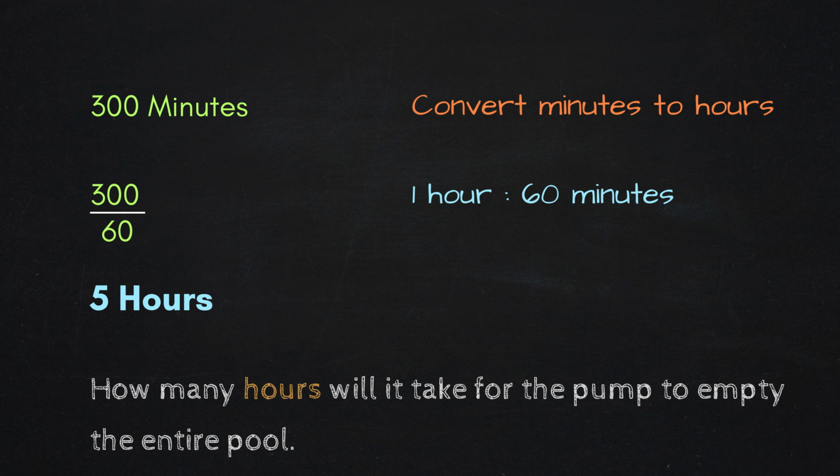So finally, here we are. We had the pump with a rating of 300 liters per minute and the pool size of 90,000 liters. After solving, we found that the pump will take 300 minutes, and when we convert that to hours, we get 5 hours. This means if you were watching the clock, it would take 5 hours to pump out all the water from the pool.